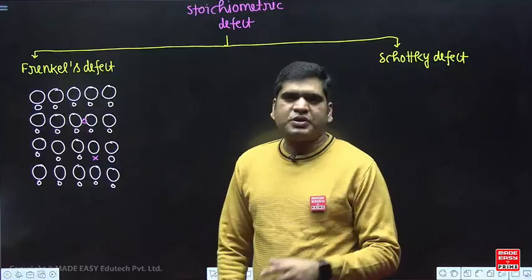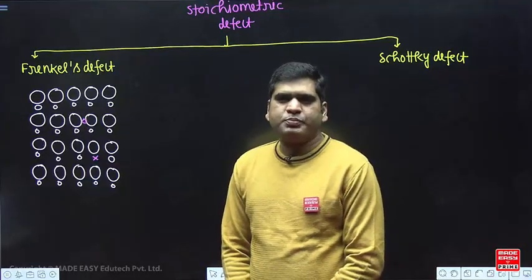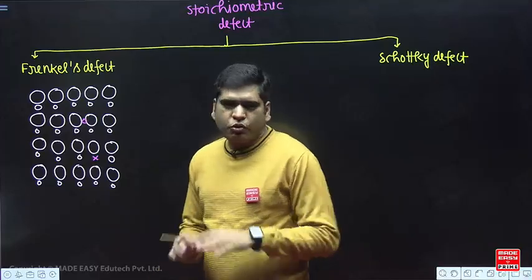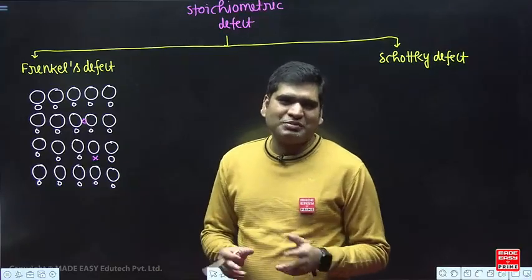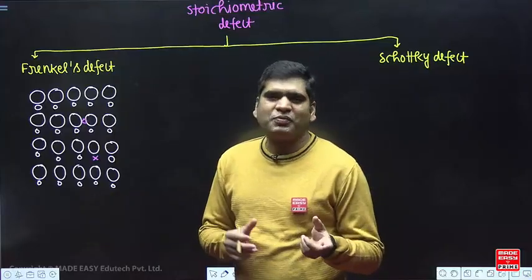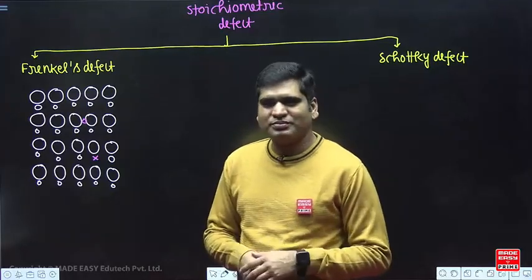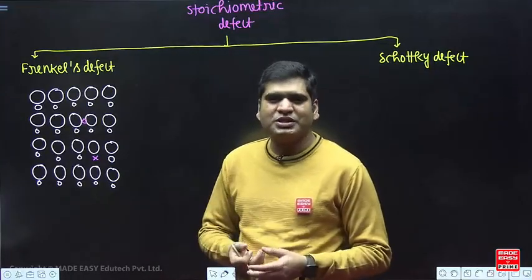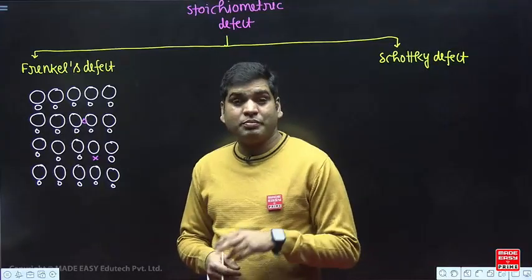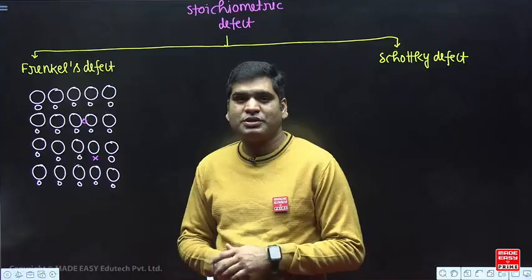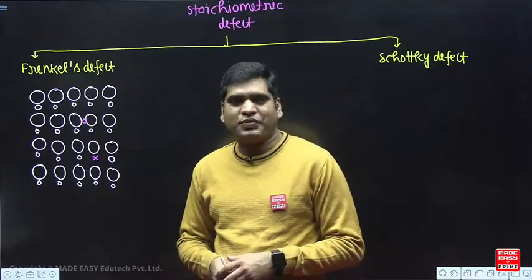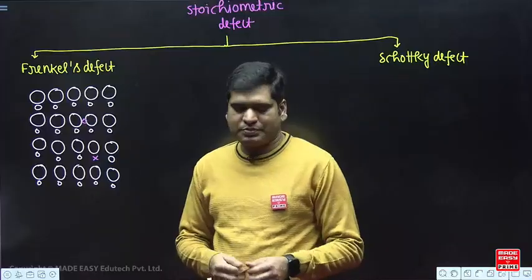But overall charge is neutral because this charge is within the material, and the ratio of cation to anion is also the same because the cation is within the material. So it is a stoichiometric defect, and such defects are known as Frenkel's defect.